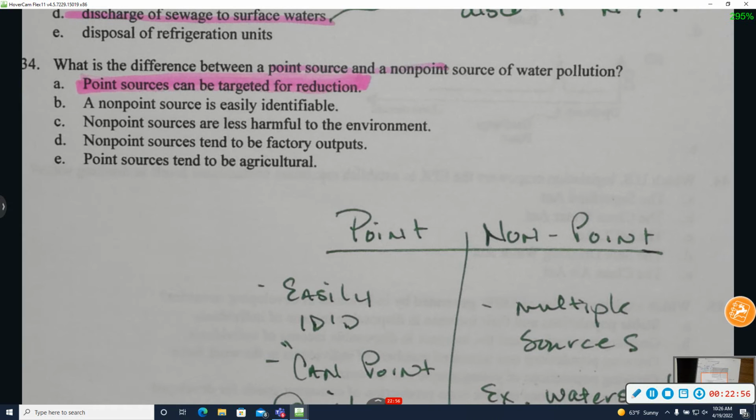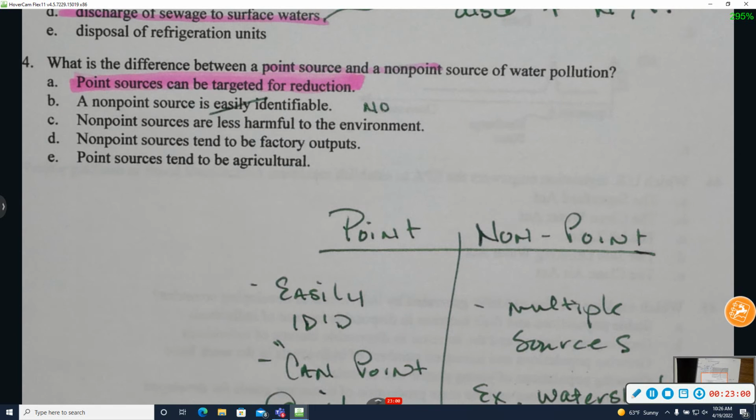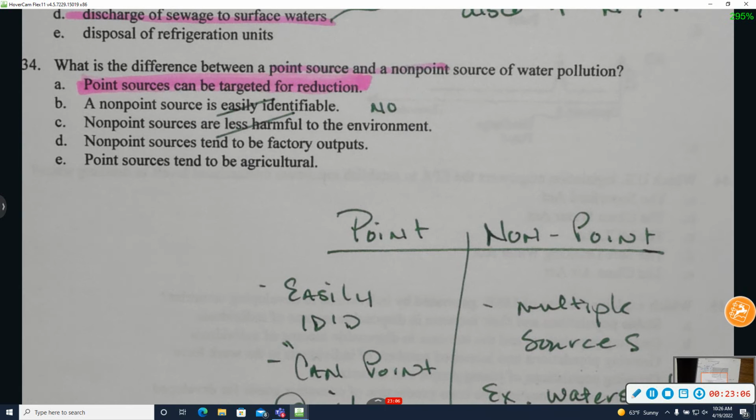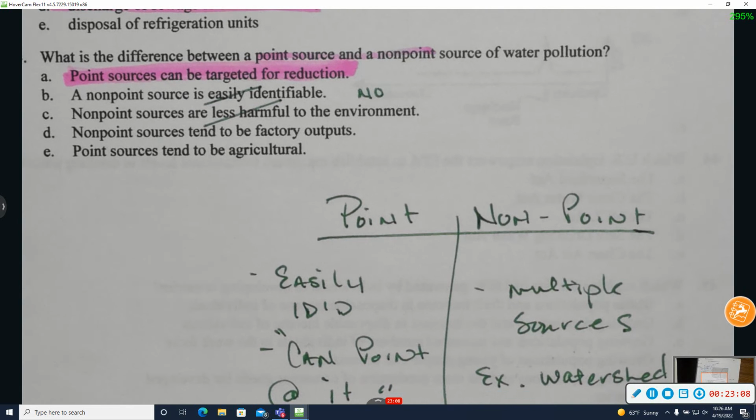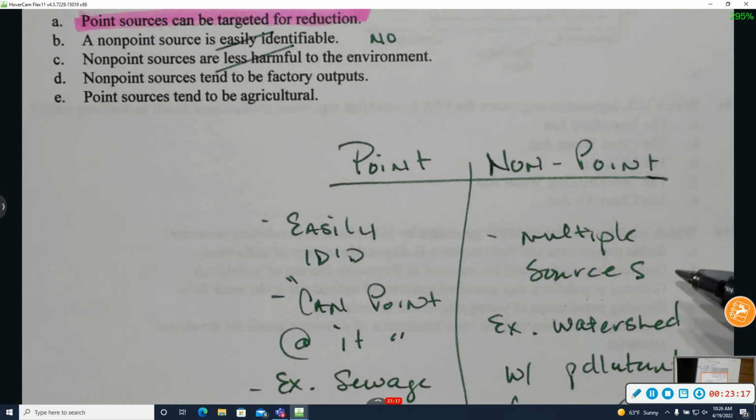A non-point source is easily identifiable. No, it's not. Non-point sources are less harmful. No, they're not, because they're harder to figure out. Non-point sources tend to be factory outputs. Not necessarily. They could be agricultural as well because they're a mix. Point sources tend to be agricultural. Nope, because it could be sewage. It could be a CAFO. So it doesn't necessarily have to be a plot of land with corn on it.